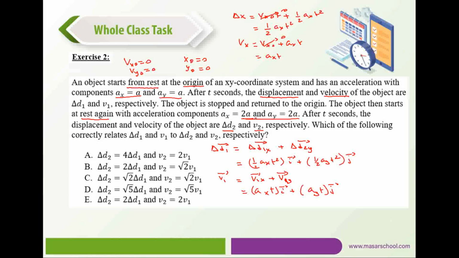Then if you apply the factor of change and the factor is 2, the displacement would change by a factor of 2 because it's linear in a, and the velocity also, if the acceleration is changing by a factor of 2 and it's linear in the acceleration, then the velocity would also change by a factor of 2. Then in this case, the correct answer would be E. The new displacement would be related to the previous displacement by a factor of 2. The new velocity would be related to the previous velocity by a factor of 2.